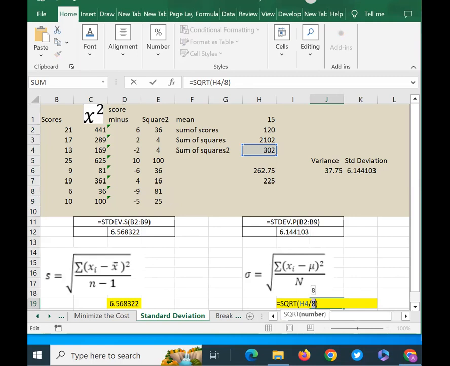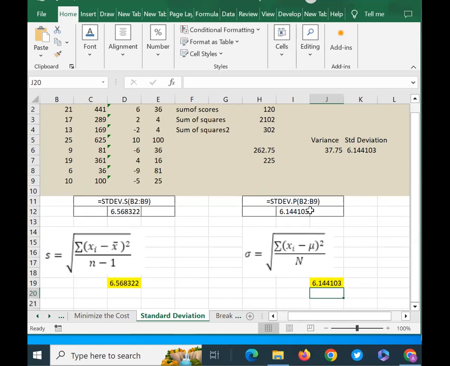We can use the count function, for example, count of these, right? That's it. So this is the square root, and this comes with the same figure which you have with one simple function.